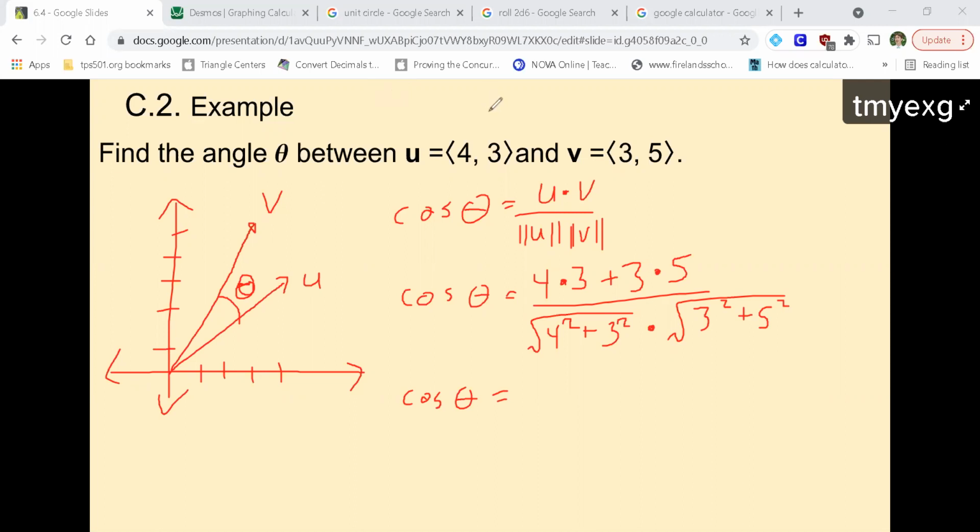So what's that? That's 12 and 15 or 27, over 5 square roots of 34.